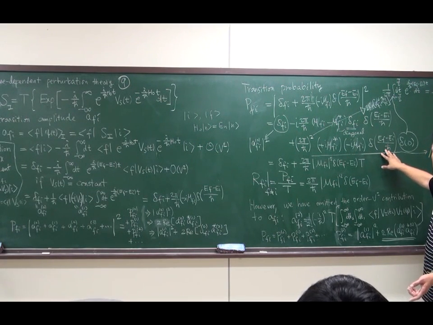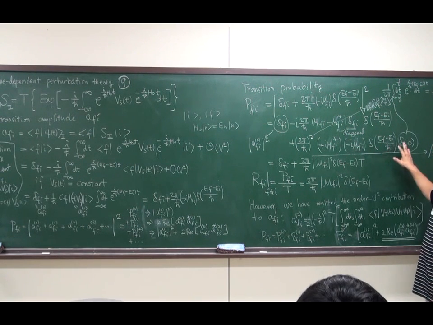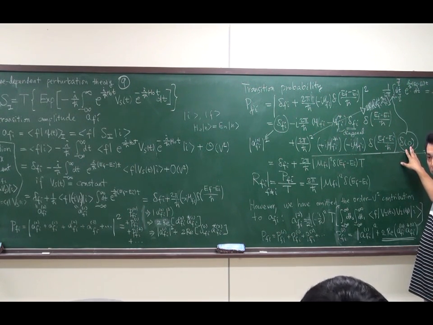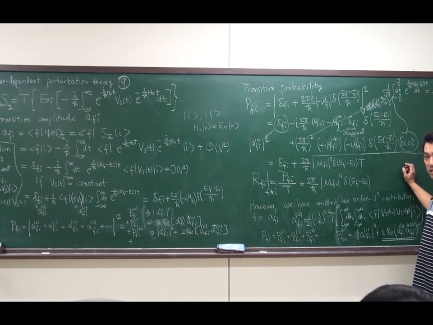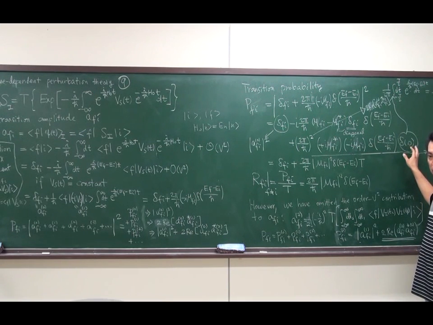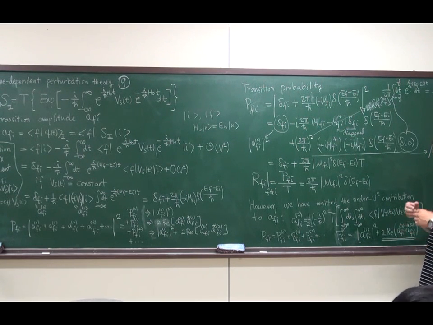If I have a product of a square delta function, what I have to do is just to put the argument 0, but it is not really infinity, but it can be regularized by taking a finite time, and after taking the ratio we can again take the limit as t goes to infinity.